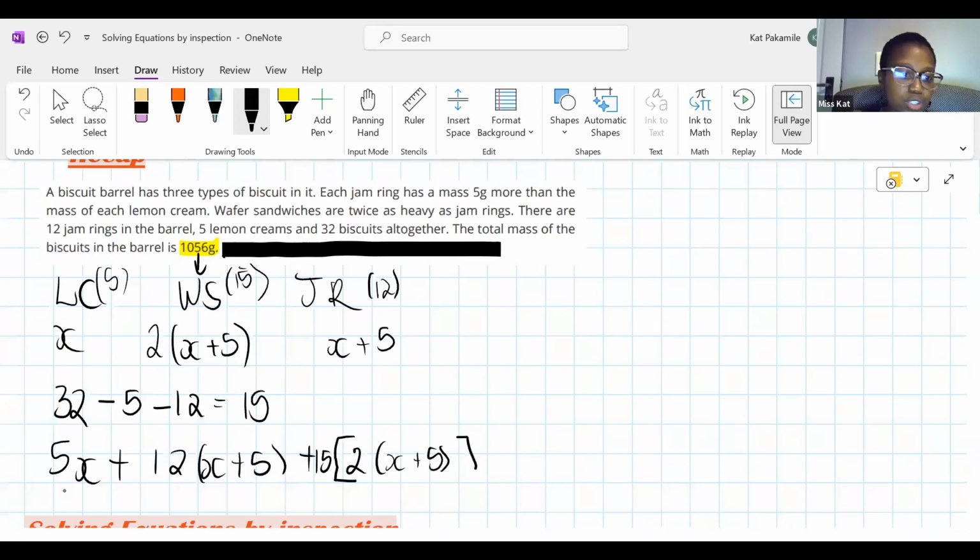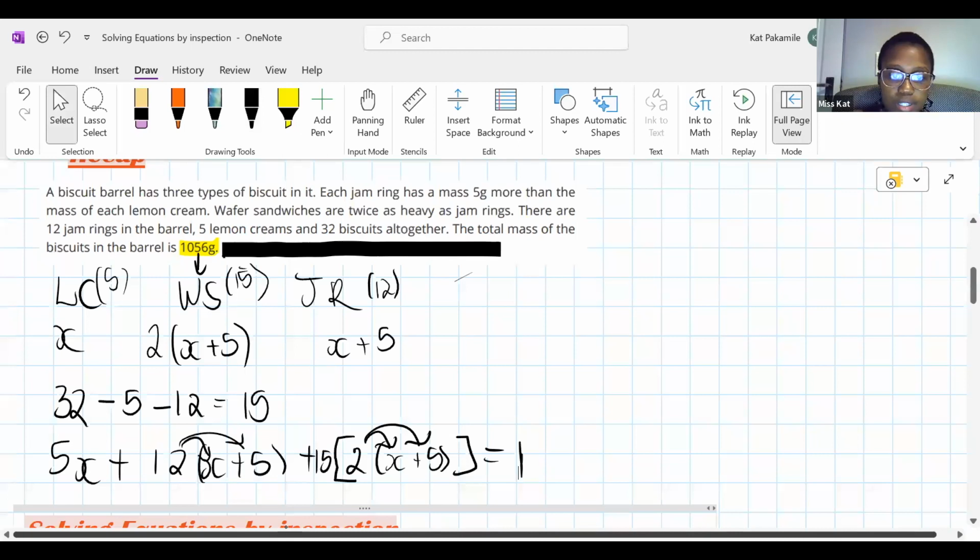And then we just simplify this, okay? Let's first distribute the 2 and this 12. This all is equal to 1,056. So then it's going to be 5x.